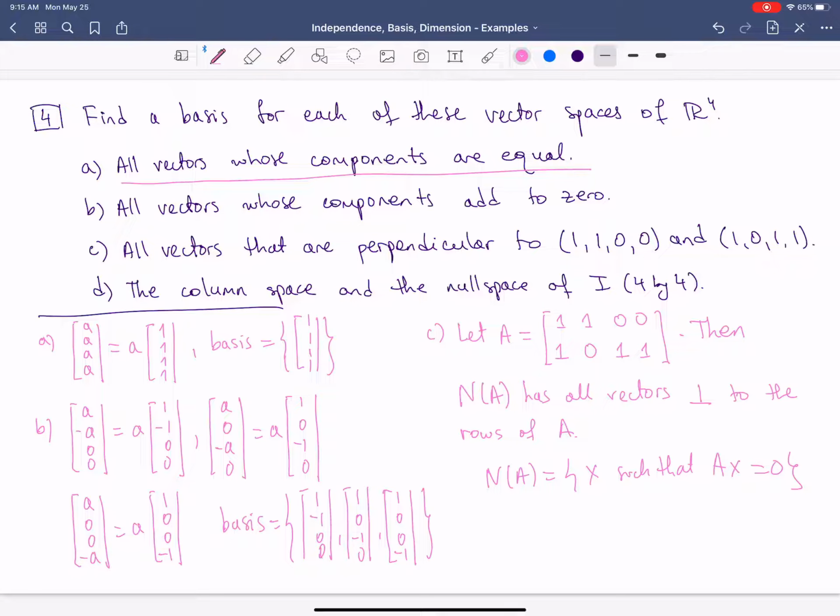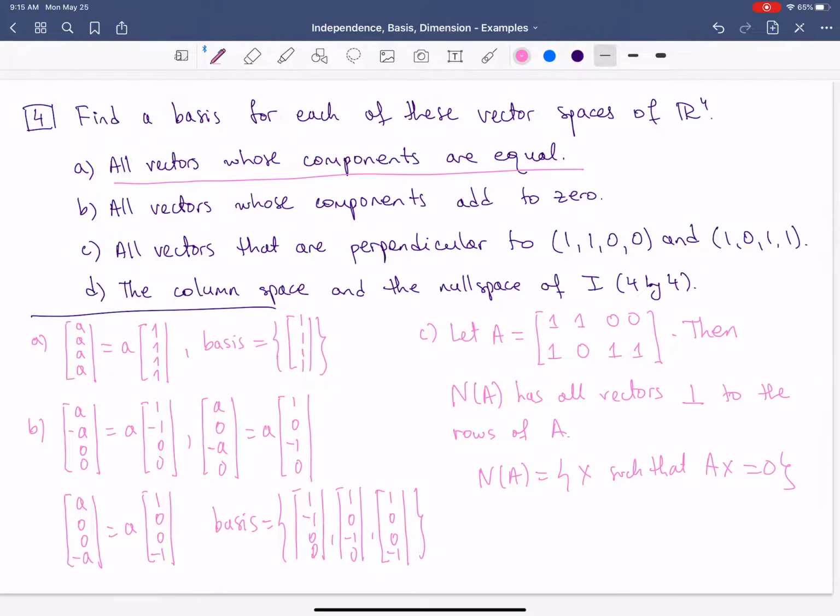So you see this vector x is orthogonal to the rows of A. So to find a basis for the space of all vectors which are perpendicular to these 2 vectors given here, all I need to do is find a basis for the null space of A.